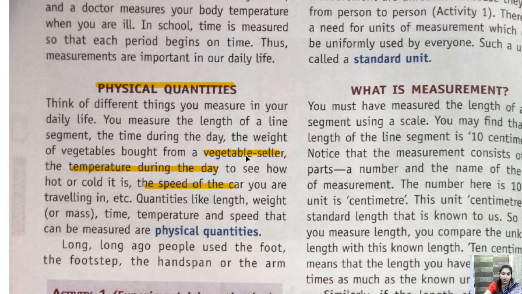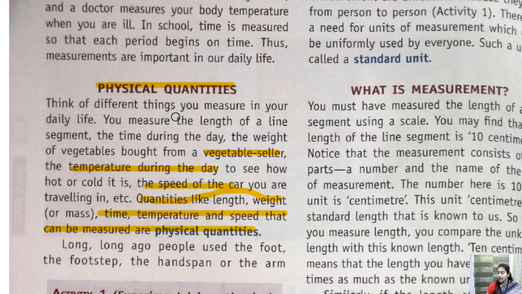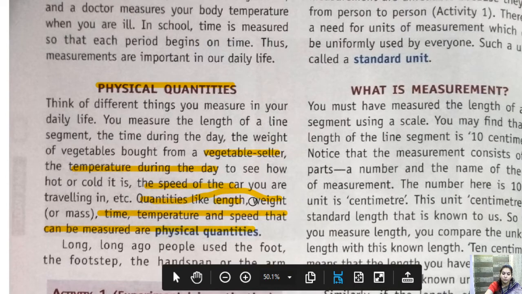Getting my point? So what is a physical quantity? Every quantity that we can measure. Take the length of the table or the weight of your book. Everything we can measure is called a physical quantity. Length is a physical quantity. Weight is a physical quantity.